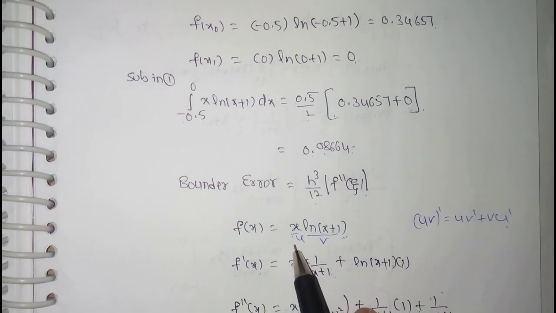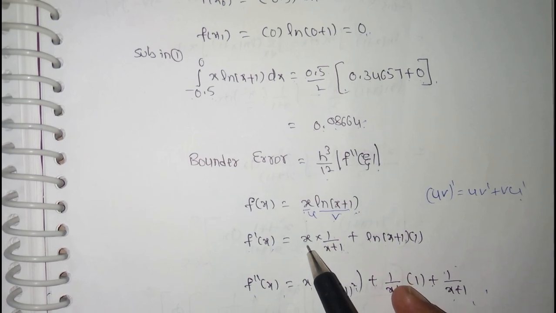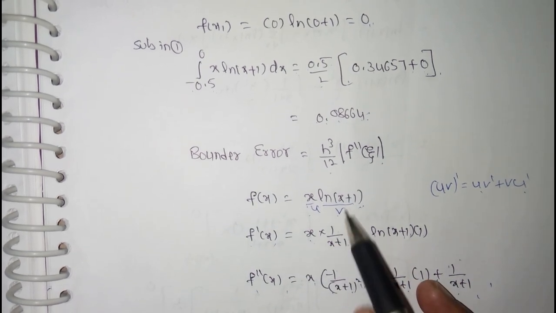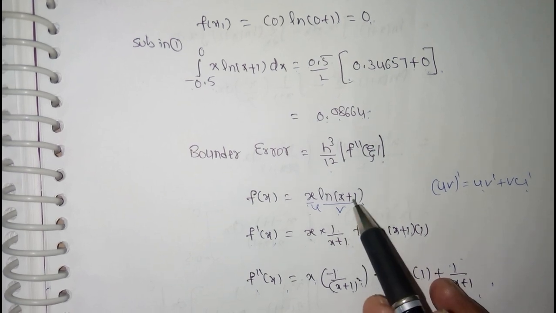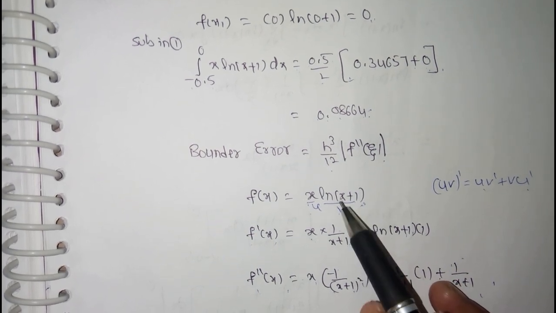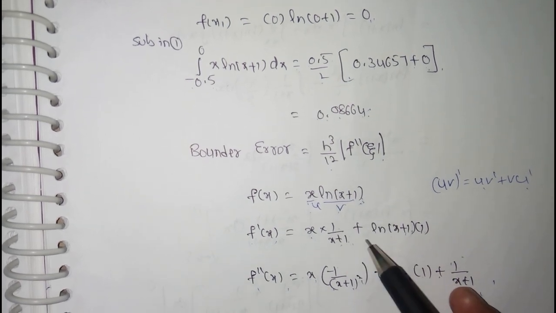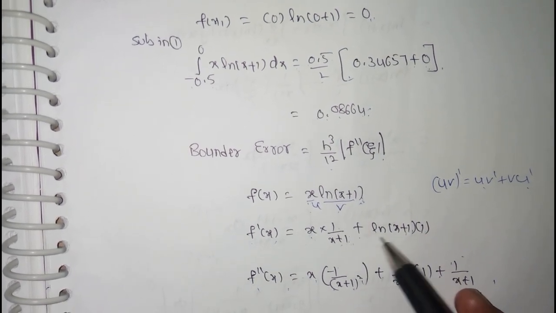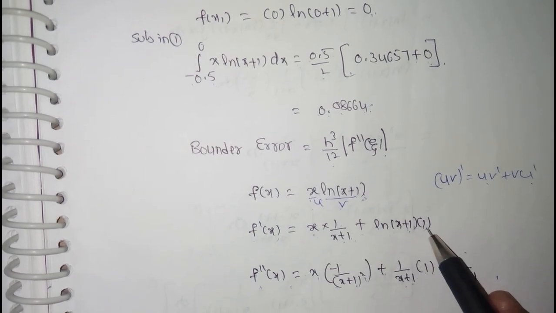Here u equals x and v equals ln(x + 1). So x times the derivative of ln(x + 1), which is 1/(x + 1), plus ln(x + 1) times the derivative of x, which is 1.